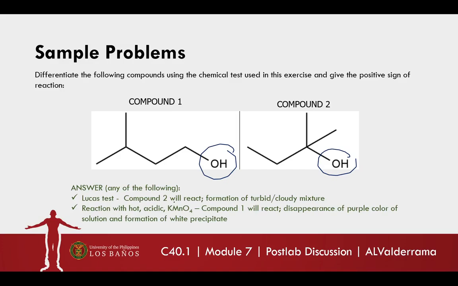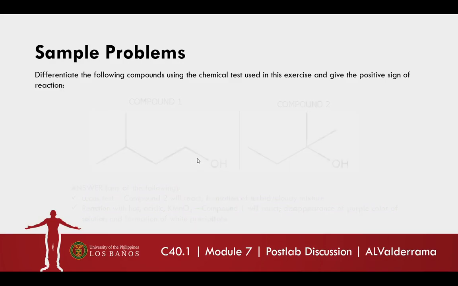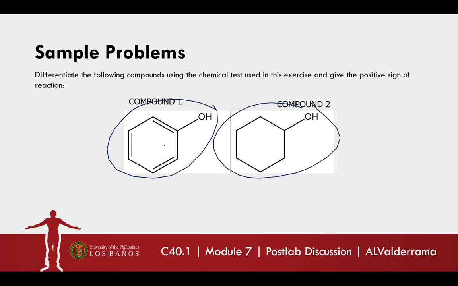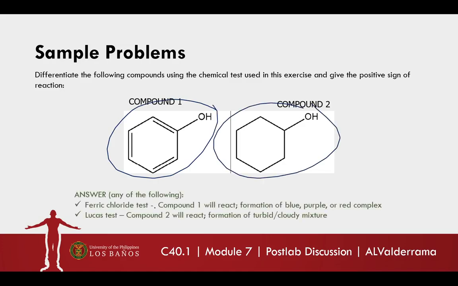So, basically, your primary alcohol will react with hot acidic potassium permanganate. So, pwede tayong mahuli ulit like the common mistake that I have earlier. So, this is a phenol and this is an alcohol. So, what you can do is ferric chloride test kasi magpa-positive siya sa phenol. Or pwedeng Lucas test since magpa-positive siya sa secondary alcohol.